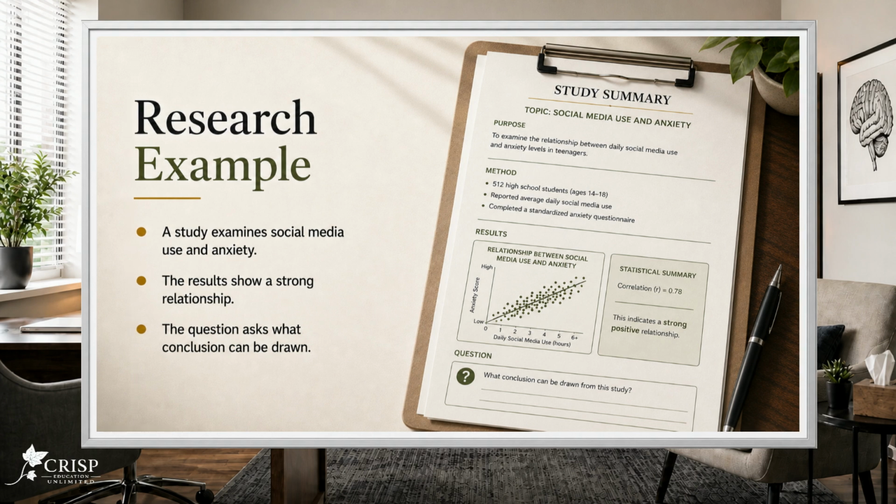These errors are easier to recognize when you look at how a tempting answer extends beyond the evidence in the question. Let's walk through an example involving research. A study examines the relationship between hours of social media use and reported anxiety levels among adolescents. The results show a strong relationship between the two variables. The question asks what conclusion can be drawn from the findings.